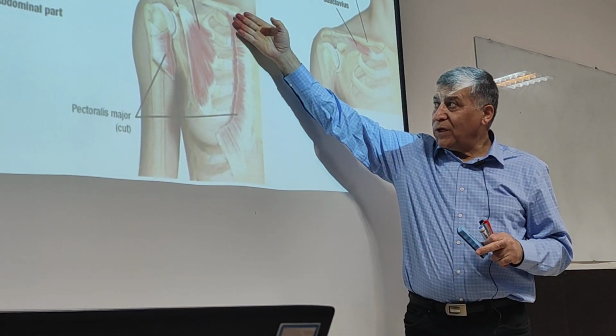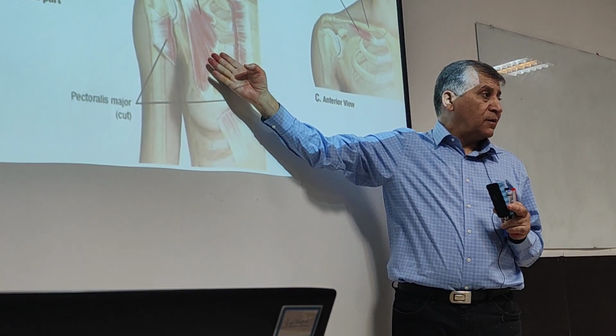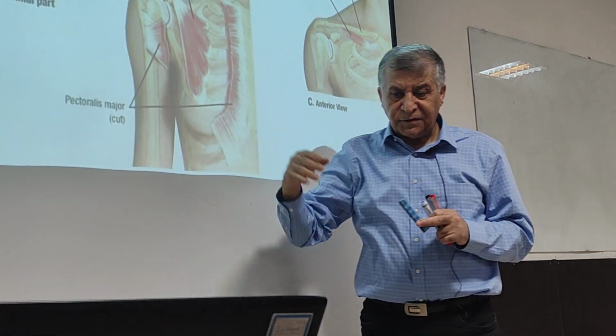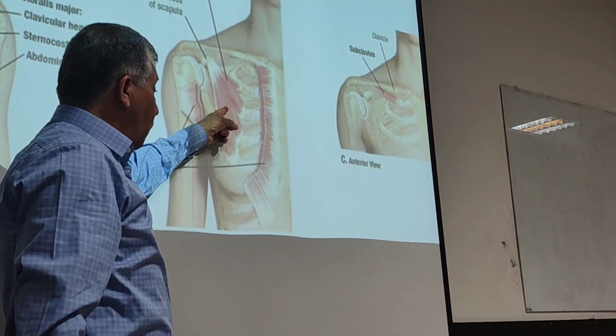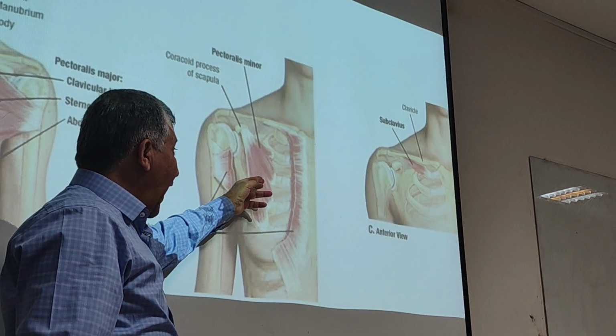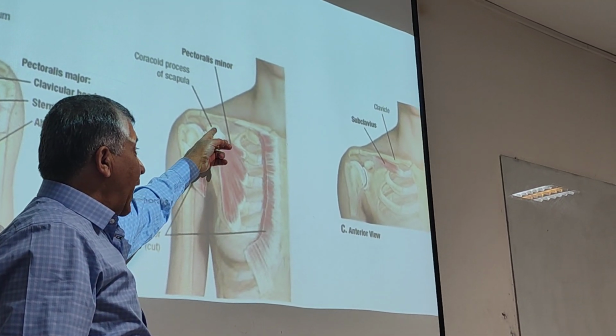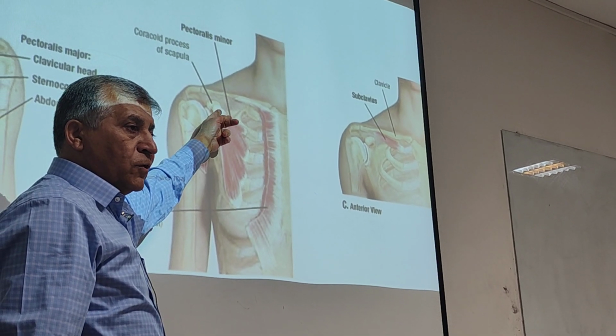When we cut pectoralis major, we can see pectoralis minor. The pectoralis minor originates from the third, fourth, and fifth ribs, moves upward, and inserts into the coracoid process.